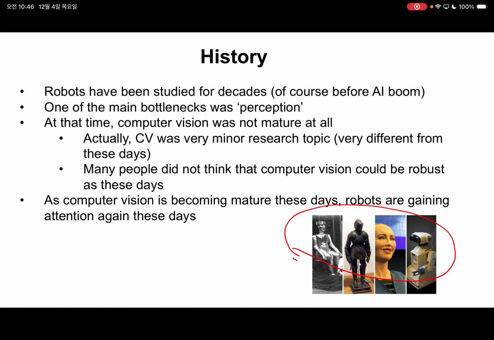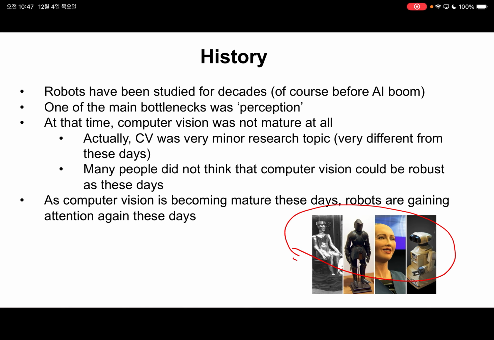Many people did not think that computer vision could be as robust as these days, because at that time deep learning had just started to be introduced. And these days, computer vision is becoming mature, so robots are gaining attention again.